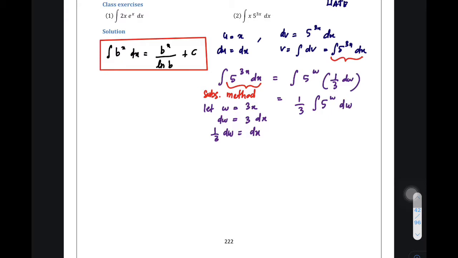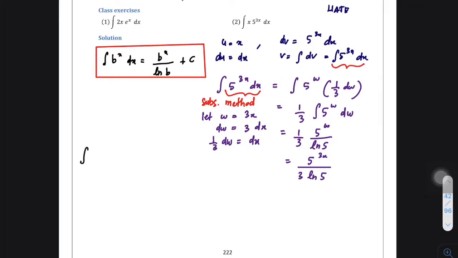When you have b power of x dx, it is equivalent to b power of x over ln b plus c. So we get 1 over 3 times 5 power of w over ln 5, which is 5 power of 3x over 3 ln 5.